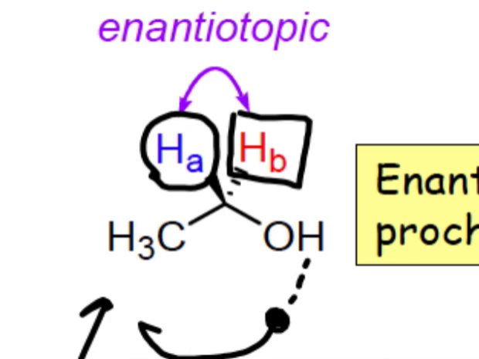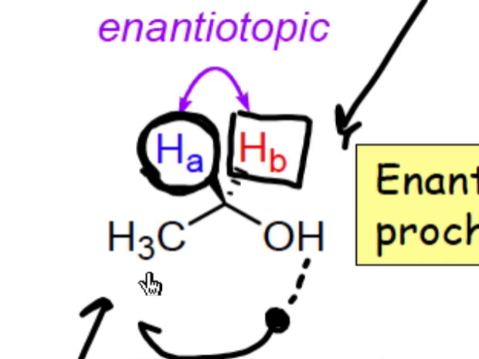Any other kind of approach of the enzyme, for instance, approach with the hydrogen bond acceptor on the opposite side, or approach of the enzyme from the back of ethanol to react with HB, will be less than ideal. In this way, the enzyme is able to selectively react with HA rather than HB.